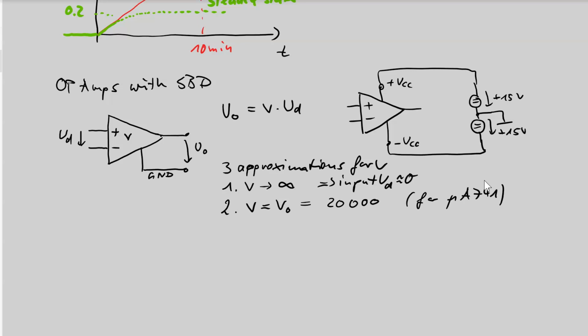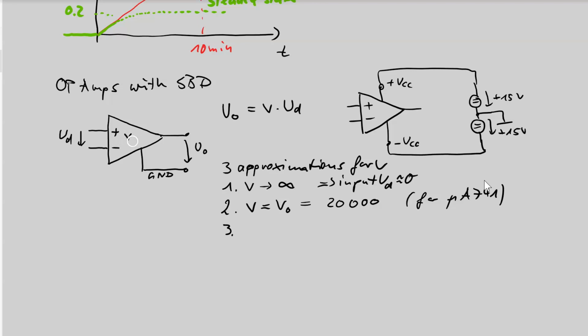So depending on the type of the IC, you can look into the data sheet and look for the guaranteed DC gain. But a third approximation is necessary if you want to have frequency behavior, and frequency means if the frequency goes higher and higher, then the gain goes down.